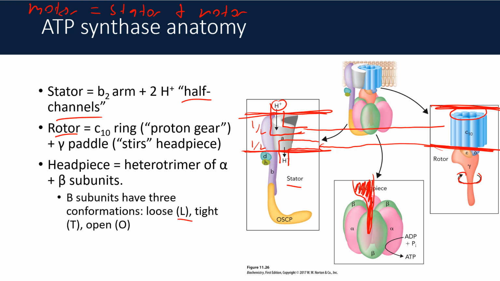Loose, which is going to bind ADP plus Pi, and then it's going to turn a little bit more and rearrange its shape into the tight configuration.